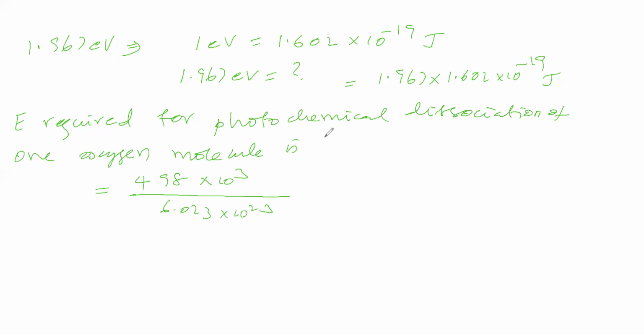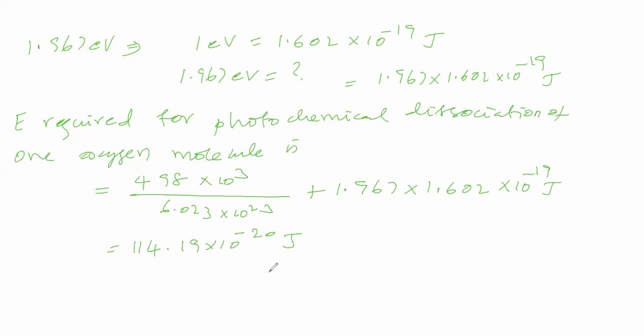Next, this is the additional energy needed: 1.967 into 1.602 into 10 to the power of minus 19 joule. So the total energy required is 114.19 into 10 to the power of minus 20 joule.